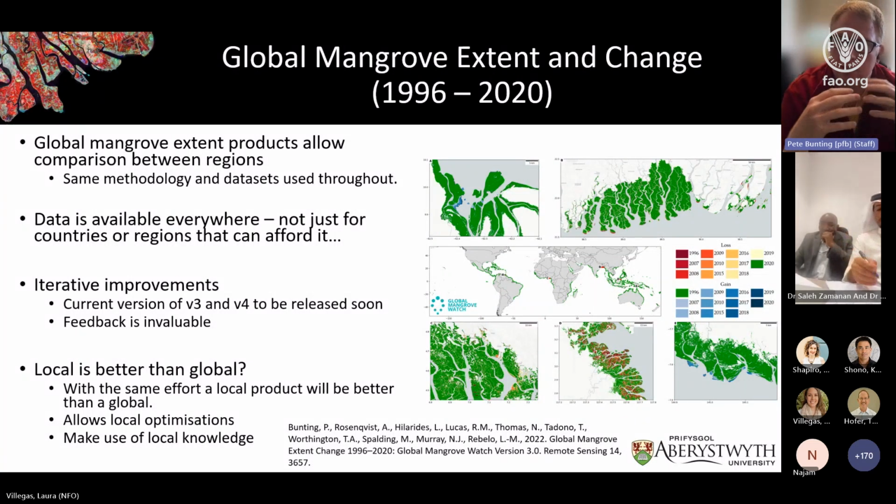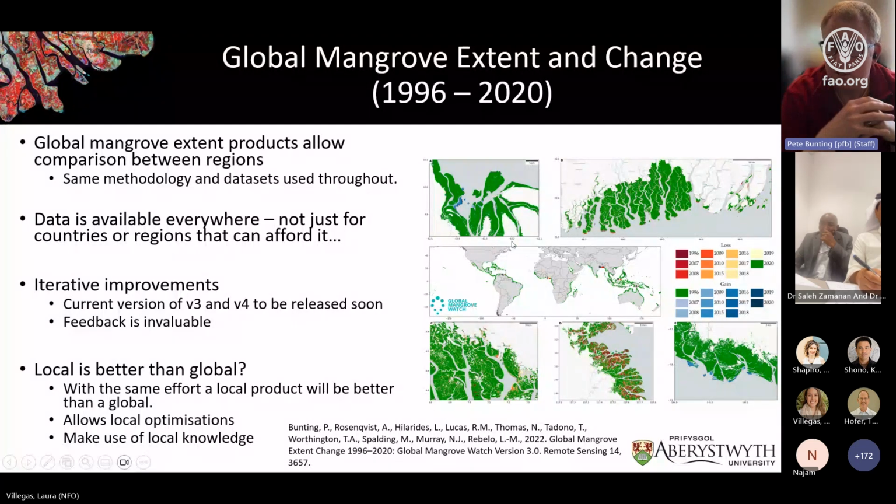So this is using a baseline, which is based primarily off optical data, so Landsat data in the case of version 3, and in the newer version 4, that'll be based off Sentinel-2. And then we use radar data from the Japanese Space Agency to look at how mangroves are changing through time.